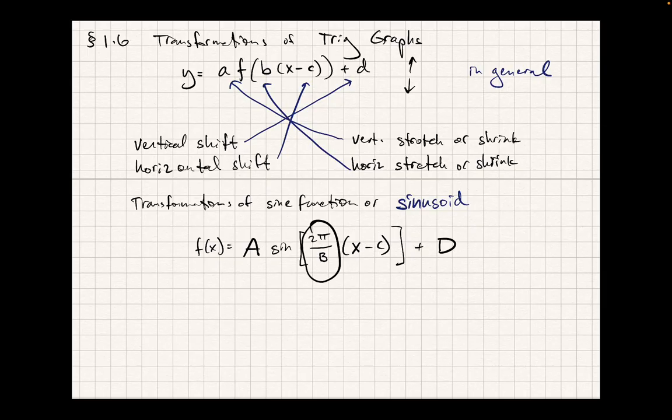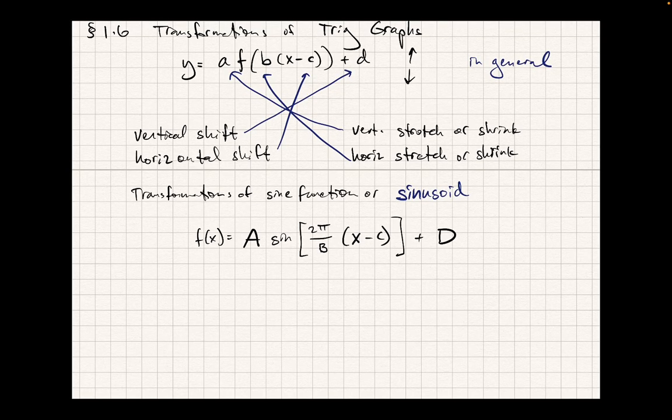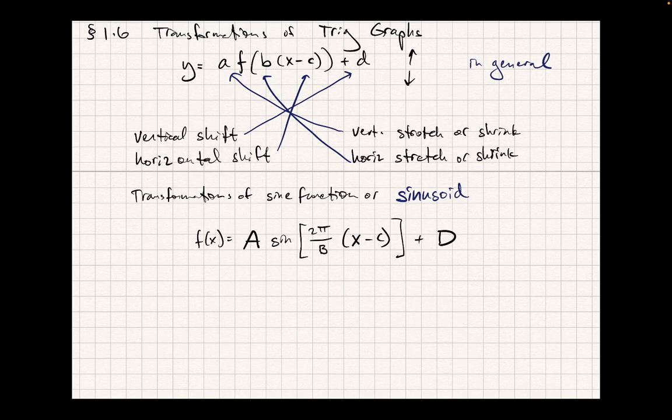But this 2 pi over b is for a reason specific to sinusoids. So I'm going to define these as being absolute value of a is amplitude, with a D. Absolute value of b is the what? The period. It's period.